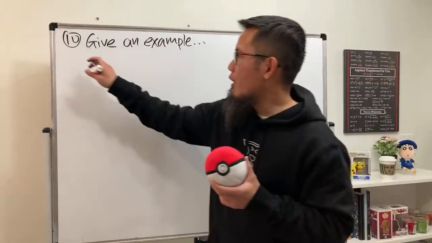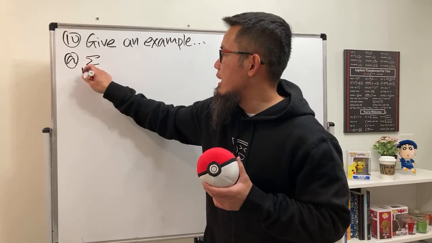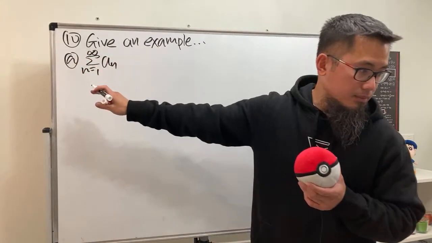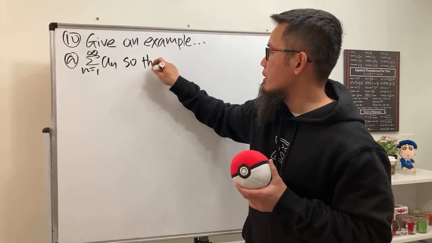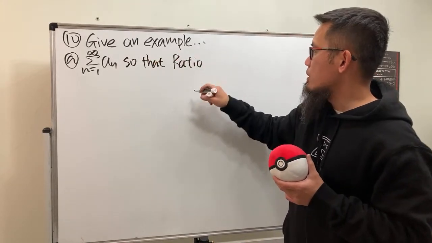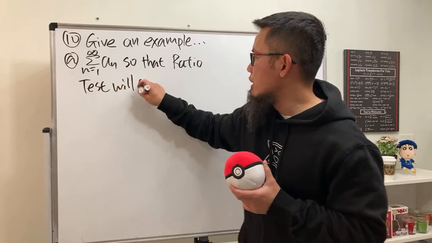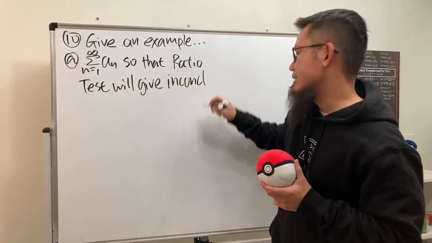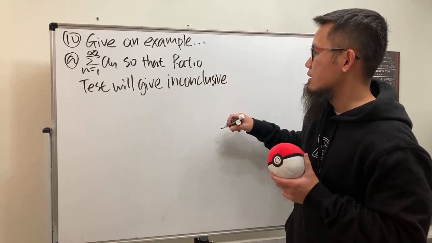All right, part A, we want an example of a series as n goes from 1 to infinity of an, so that the ratio test will give an inconclusive result.